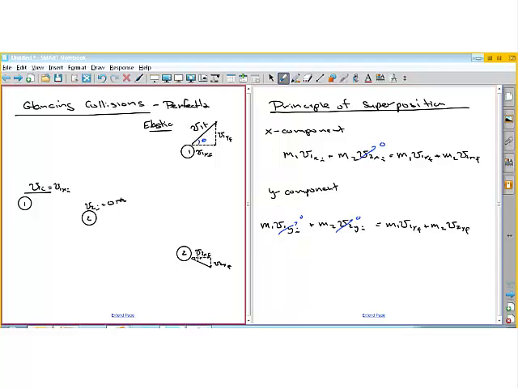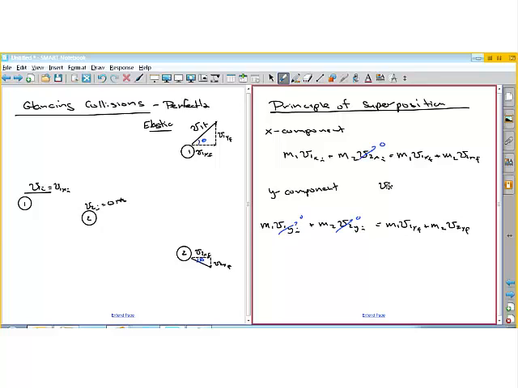And then if you have an angle, let's call this theta and call this phi, then you could rewrite this as, v1x final is equal to v1 final times the cosine of theta, and v2x final is equal to v2 final times the cosine of phi.